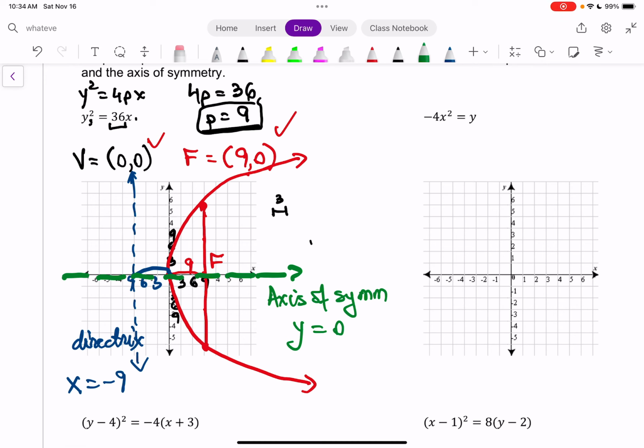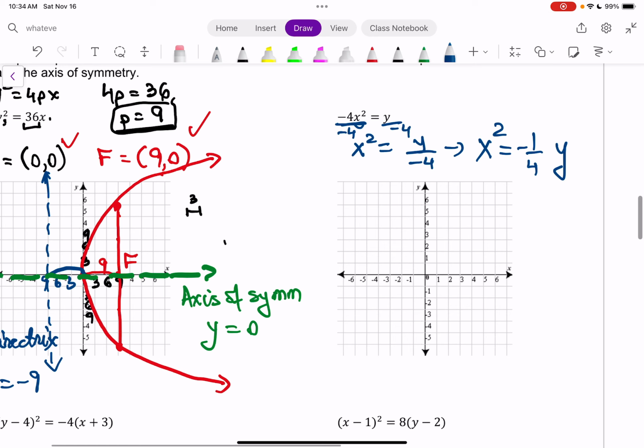So let's try this again. Now, here it is. The coefficient has to be on the side of the linear factor. So y over -4, which is definitely going to be better looking if I write x squared is -1/4 times y.